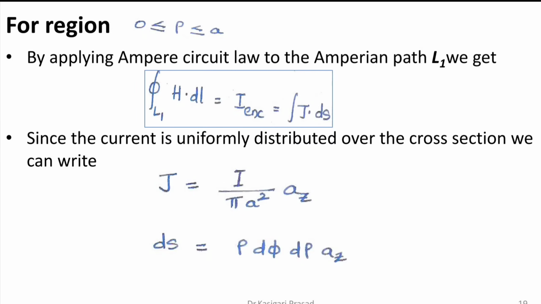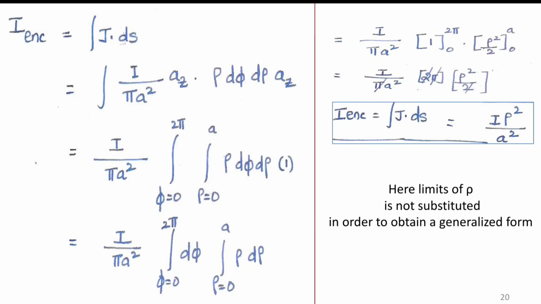With reference to this, I enclosed is equal to the integral of J dot ds, that is equal to the integral of I divided by pi a square az, and ds is rho d phi d rho az. Now we take the constant outside, I divided by pi a square, phi is equal to 0 to 2 pi, rho is equal to 0 to a, rho d phi d rho.